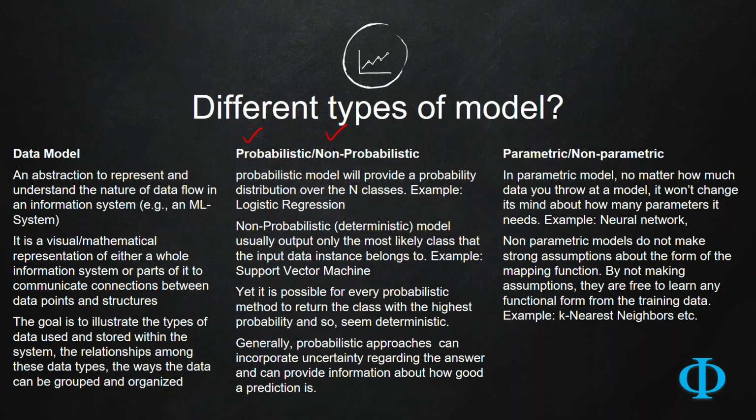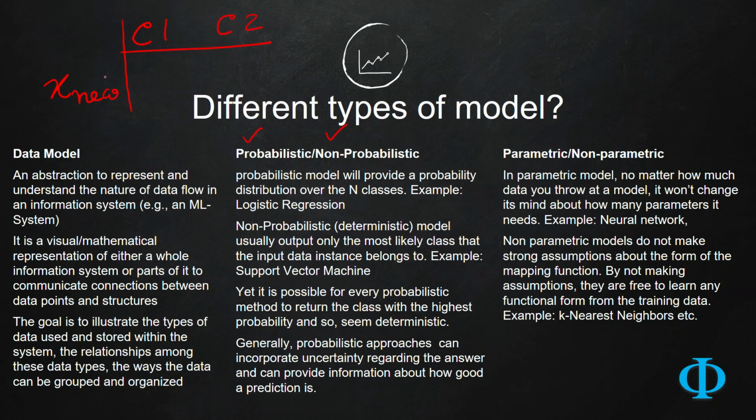A probabilistic model is a model which provides a probability distribution over n classes. For example, let's say after executing the learning algorithm over the training dataset, you got two different classes, let's say C1 and C2. And then you have a new data point, let's say X new.